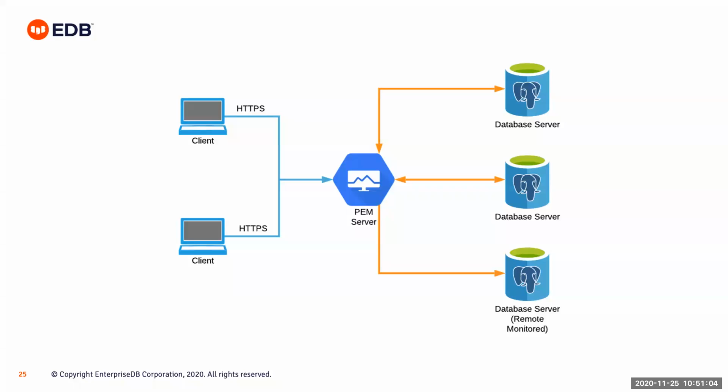So things like table spaces and tables and last auto vacuuming will be available, whereas all of the operating system based metrics are not available on a remote monitored server. So you cannot monitor CPU load or file sizes and things like that.